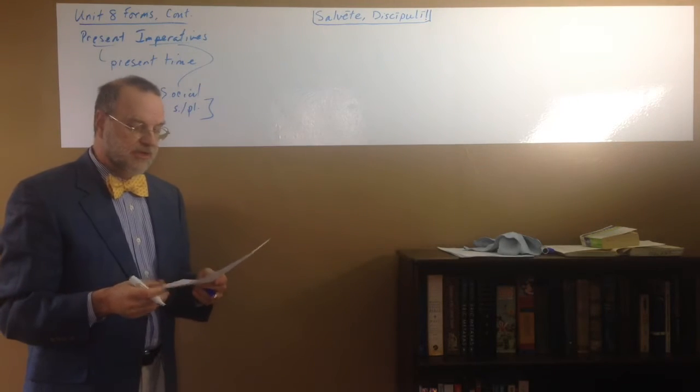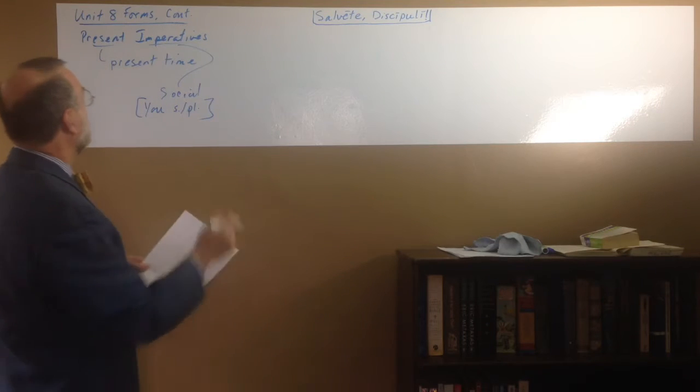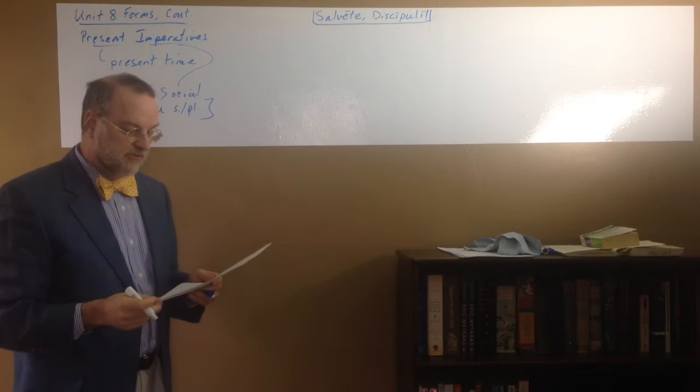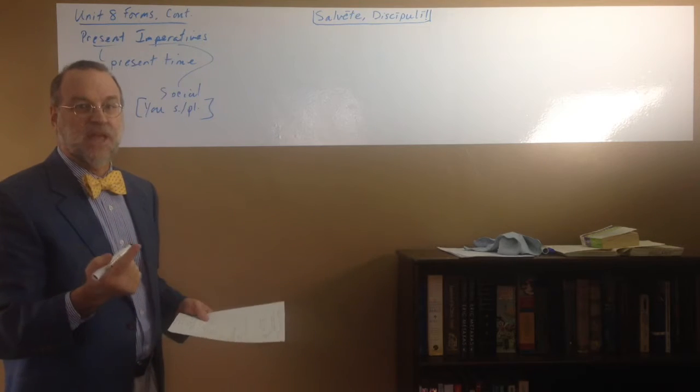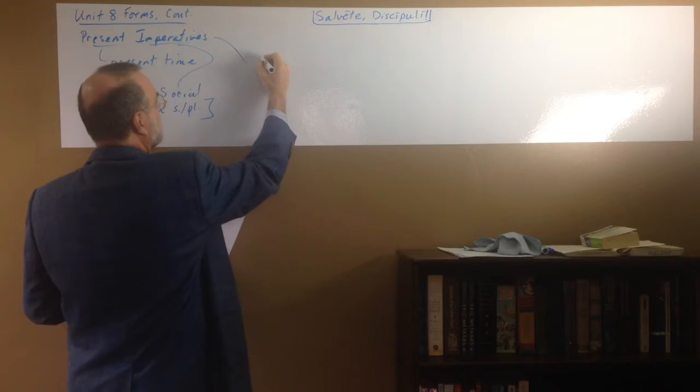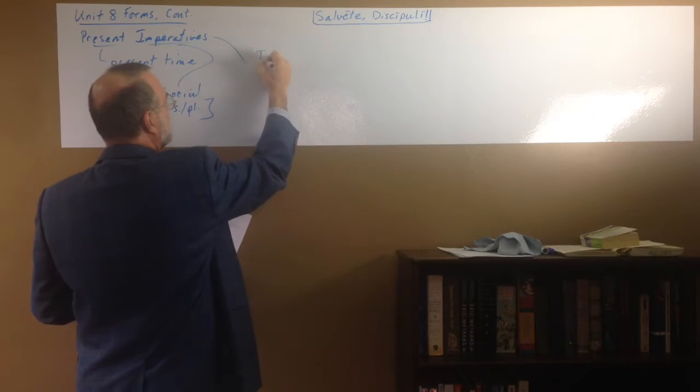Just to recall that imperative refers to one of the 5 qualities that a verb might have: person, number, tense, mood, and voice. So the imperative is one of 3 moods in Latin.